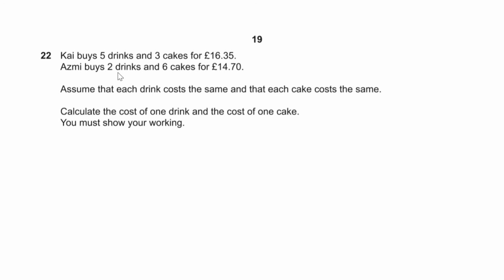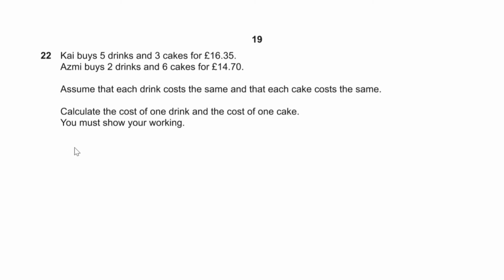Question number 22. Kai buys 5 drinks and 3 cakes for £16.35. Asmi buys 2 drinks and 6 cakes for £14.70. Assume that each drink costs the same and that each cake costs the same, we have to calculate the cost of one drink and the cost of one cake, and we'll show you working.